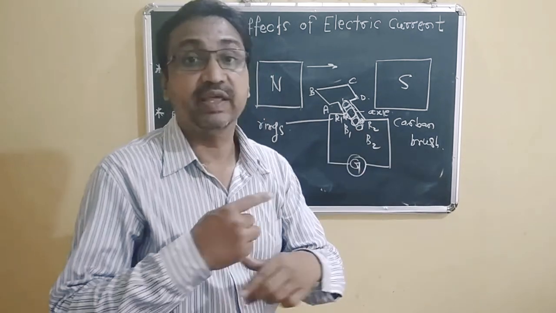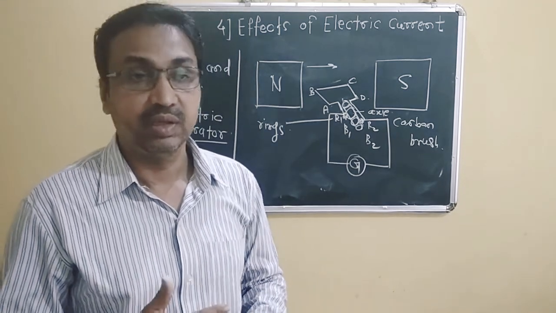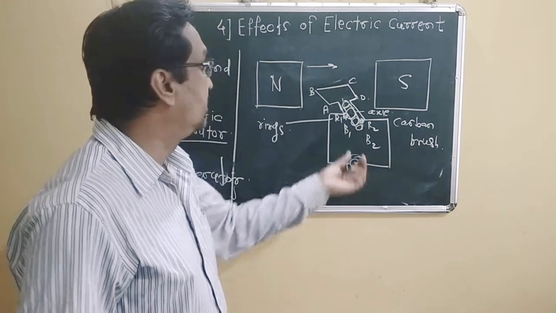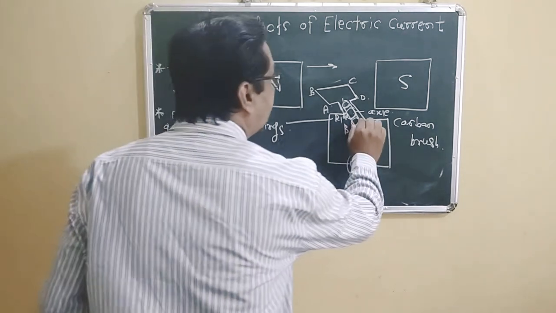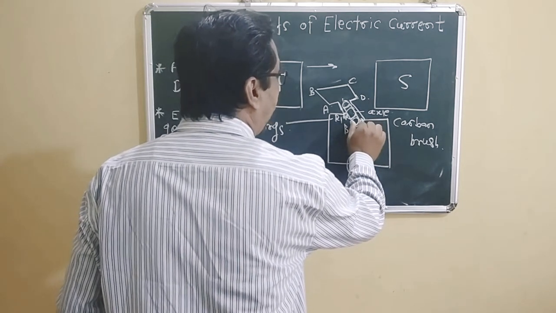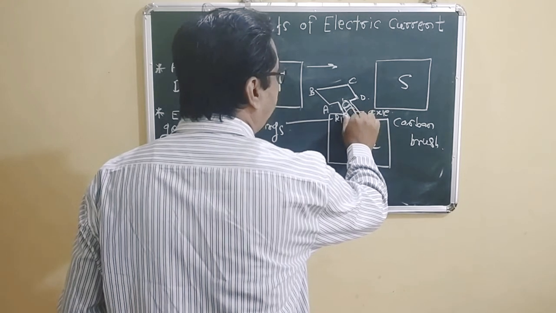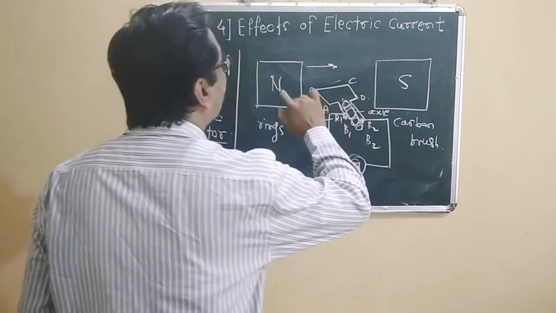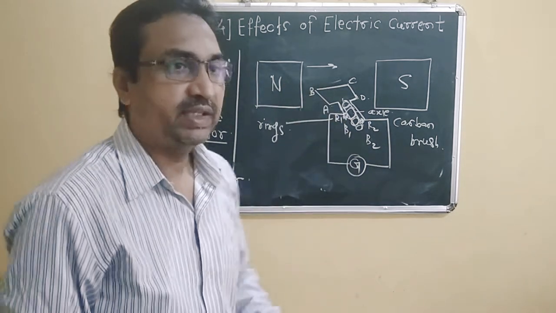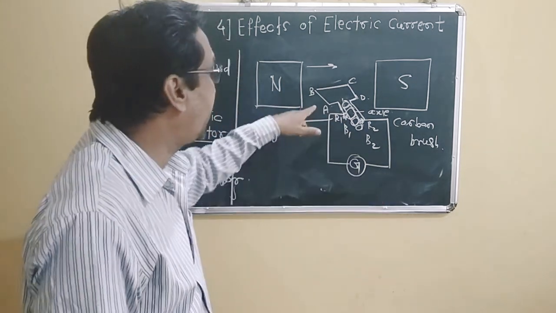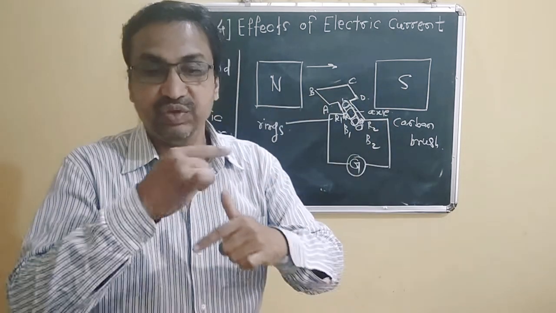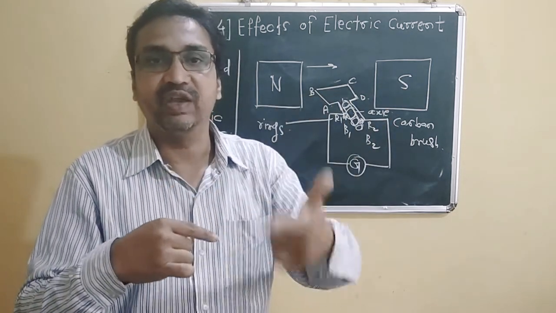After rotating the axle, the rings also rotate, and then this frame rotates in the magnetic field. The coil is a current carrying conductor rotating in a magnetic field.